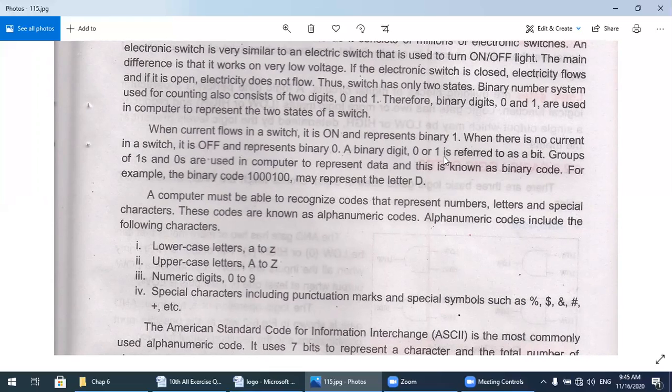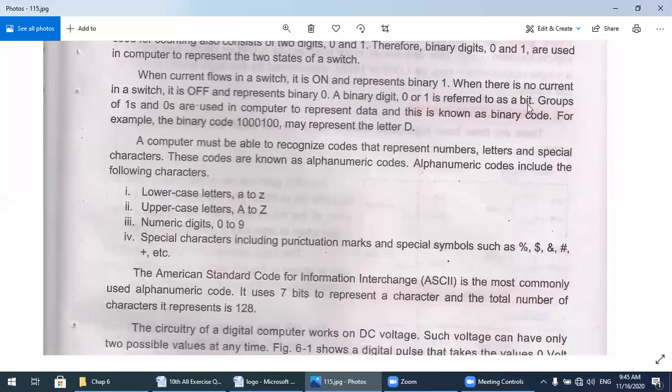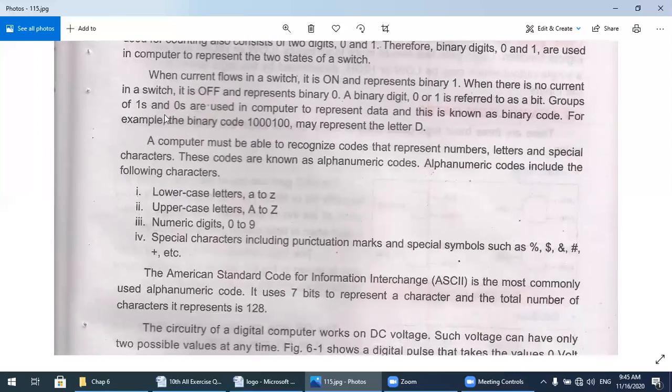So a binary digit, 0 or 1, is referred to as a bit, a binary integer. Groups of ones and zeros are used in the computer to represent data, and this is known as binary code. For example, the binary code 1 0 0 0 1 0 0 may represent the letter D. Why is it representing the letter D?